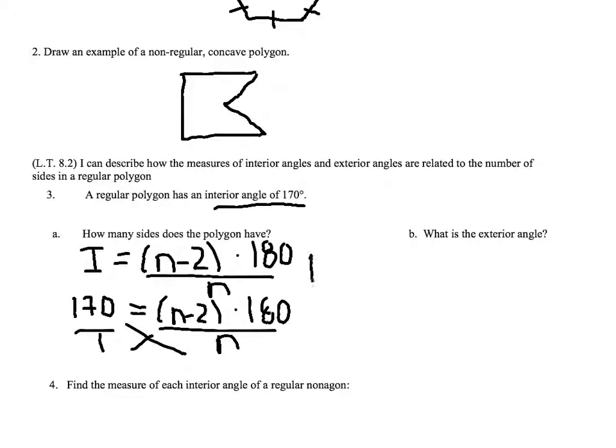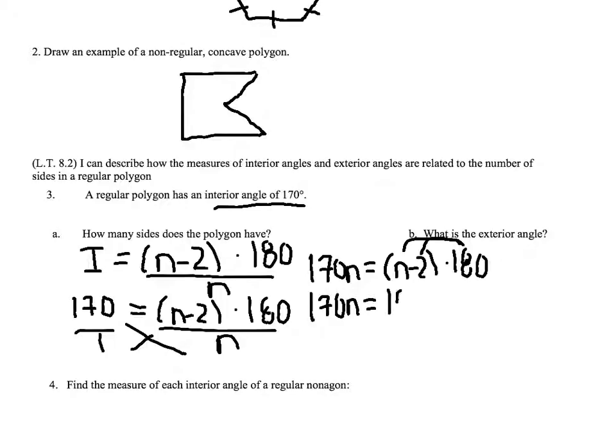What we end up with is 170n equals (n minus 2) times 180. We're going to then distribute, and we're going to get 170n equals 180n minus 360. We're going to subtract 180n from both sides.